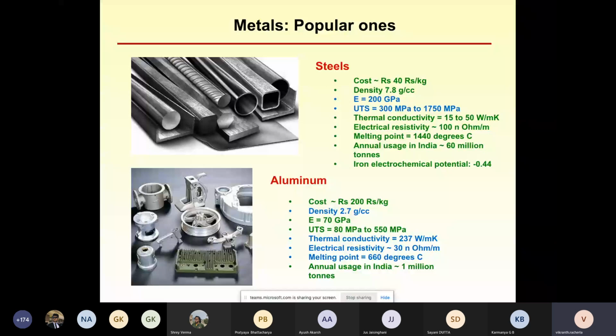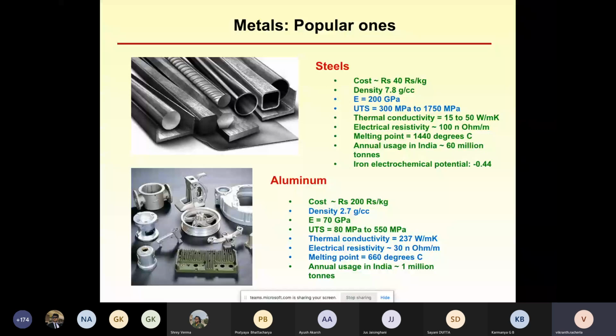So what are the reasons why steel is the most widely used? One, its cost. Steel is cheap, costing somewhere around 35 to 40 rupees per kilo in bulk. It is also very stiff. So what material property should you look at when you are interested in stiffness? What is stiffness?